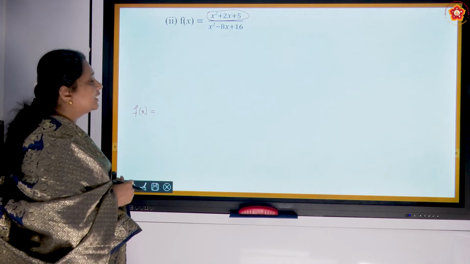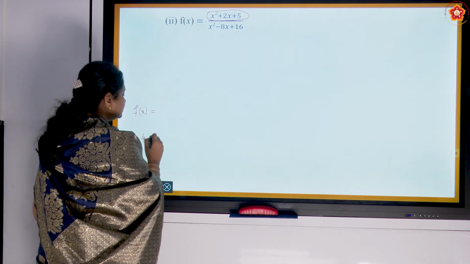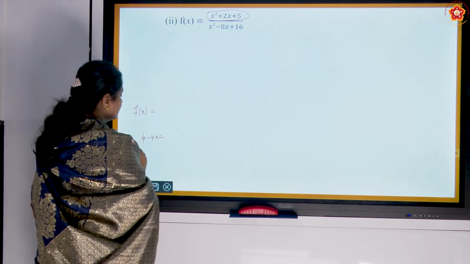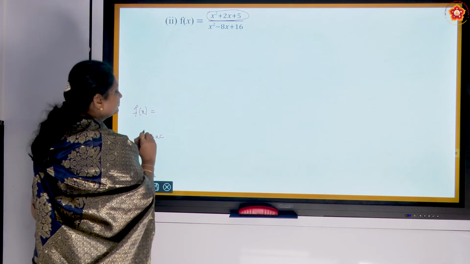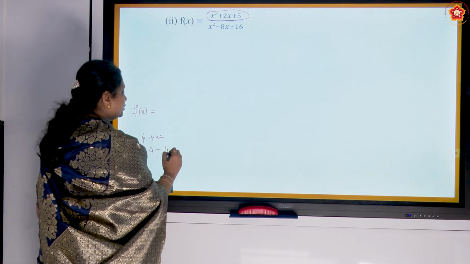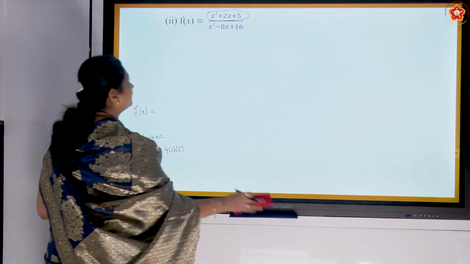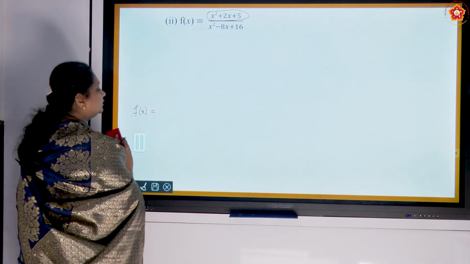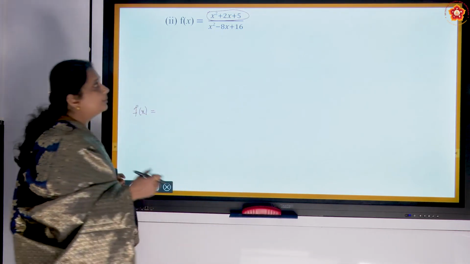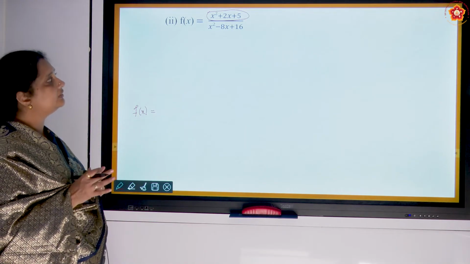So let's first check whether it will have real roots. b square minus 4ac is the discriminant. So we'll see 4 minus 4 into a into c. So the quadratic polynomial in the numerator cannot be factorized. So we will leave it as such.